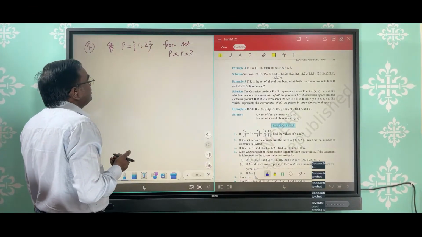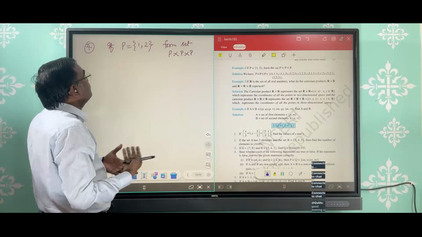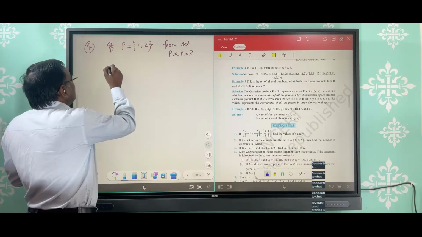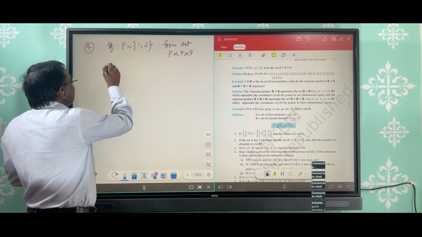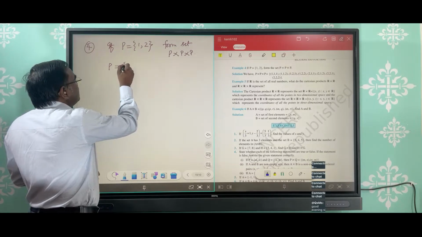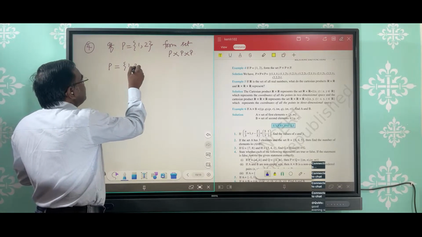So students may be surprised, how can we find this P cross P cross P? So P is given. So that means you are taking 3 times P.